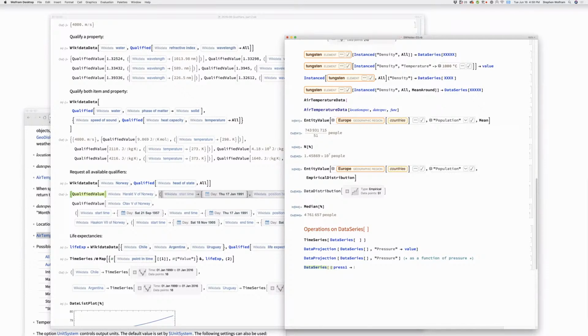Now that's only the value. Oh, I see. What this has done is it's projected down to pressure. Yes. And if I'd said pressure, comma, temperature, then what I would have got is a 2D thing. It would make pairs on the left-hand side. Exactly.